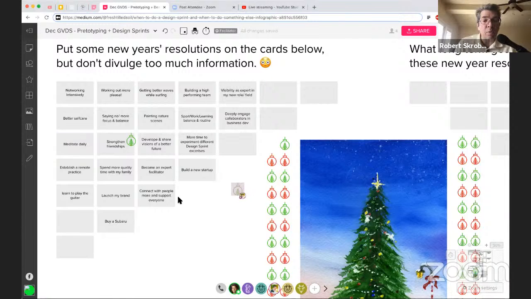So take those bulbs and put them on other cards that are not yours, where you say, this is something else I'd like to do. And we'll see how that vets out. You can take red or green, any one you'd like, but make sure they are on a card that is not yours, but that you would like to do.